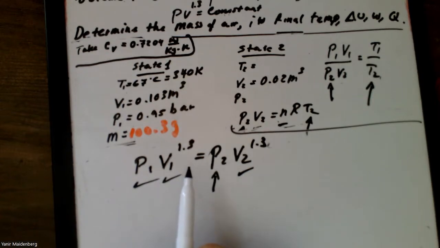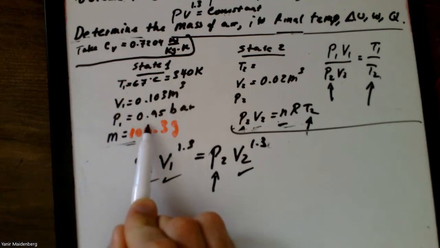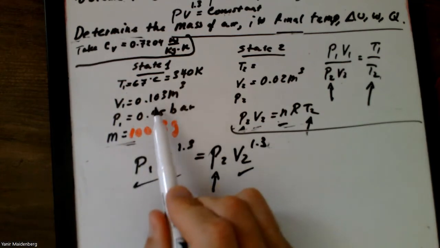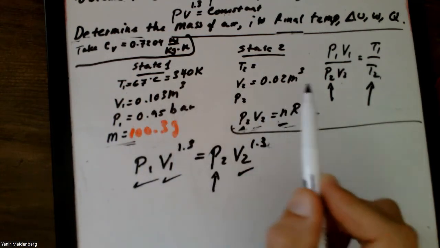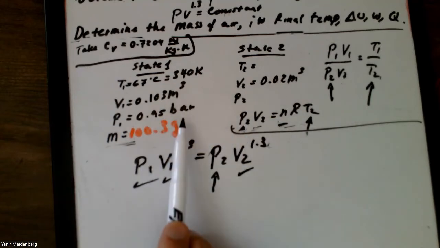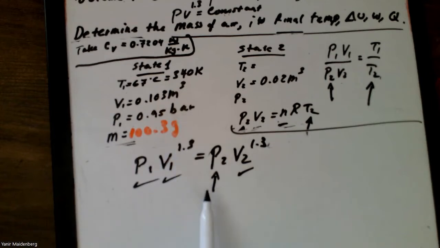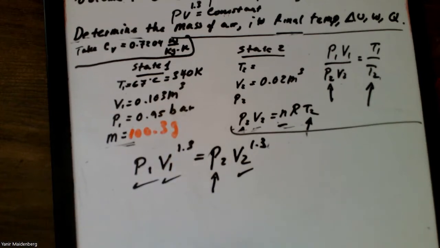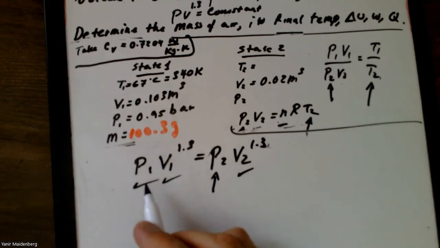So in our case, we don't have P2. We have P1 and it is 0.95 bars. And we have that the two volumes are the same unit, so that's good. So these meters cubed will cancel. The fact that P1 is in bars will mean that P2 will be given to me in bars when I calculate it. So I'm going to put it all in.